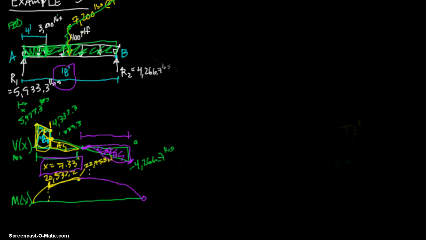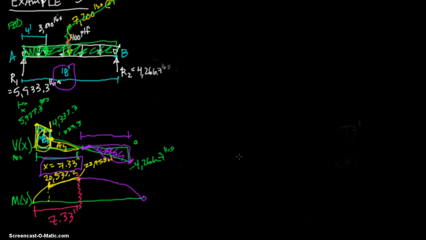So what I want to do, just as a fun little exercise here, is cut the member at this point right here, the point of max moment, which is 7.33 foot, is what we said.